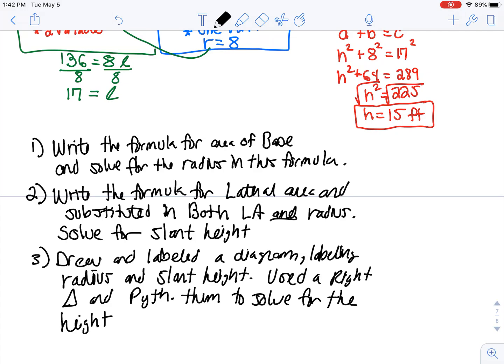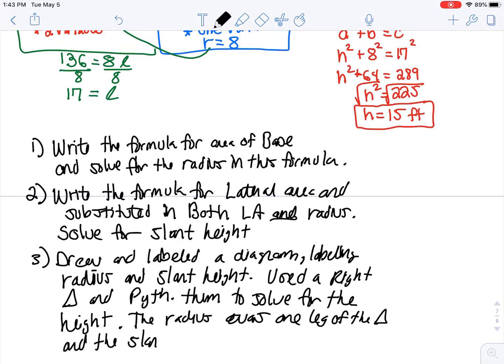When we're explaining this Pythagorean theorem, we should also mention which values we used where. The radius was one leg of the triangle, and the slant height was the hypotenuse.